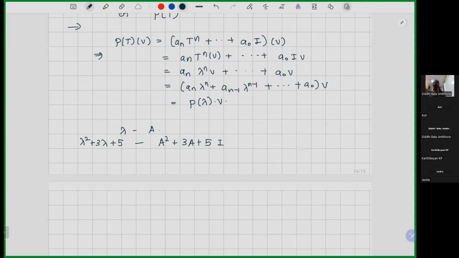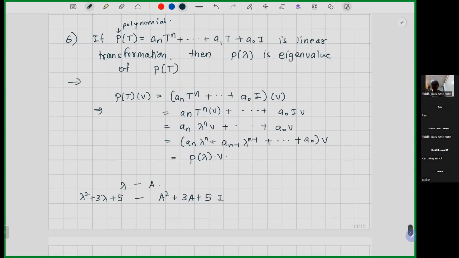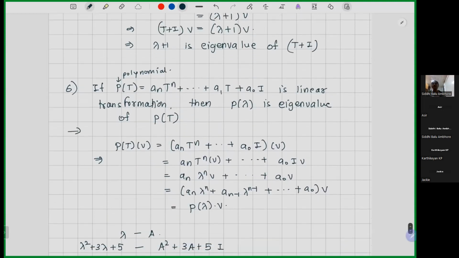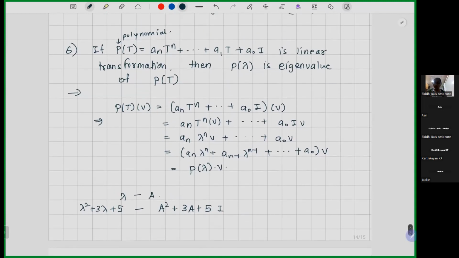This is what it says. Is it clear? Any doubts here? So you can always use this to calculate eigenvalues if asked in the question for any given polynomial corresponding to A. But note that all these T's are the same, so we are only talking about identity and composition of T.